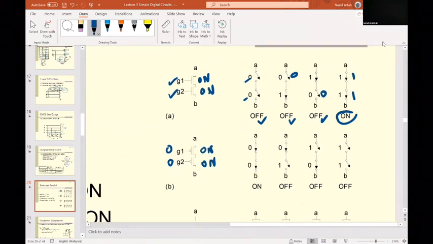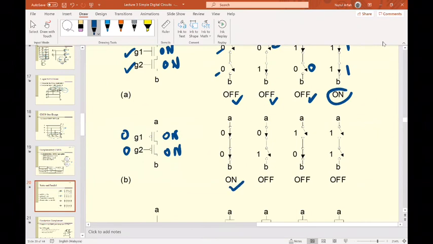Okay, and the condition is this one will be turned on, because when this is on, then this one will be acting like a switch on. And then for the rest, if you have either one off or both are off, then the result will be off, and it will be supplied to high state or a 1.